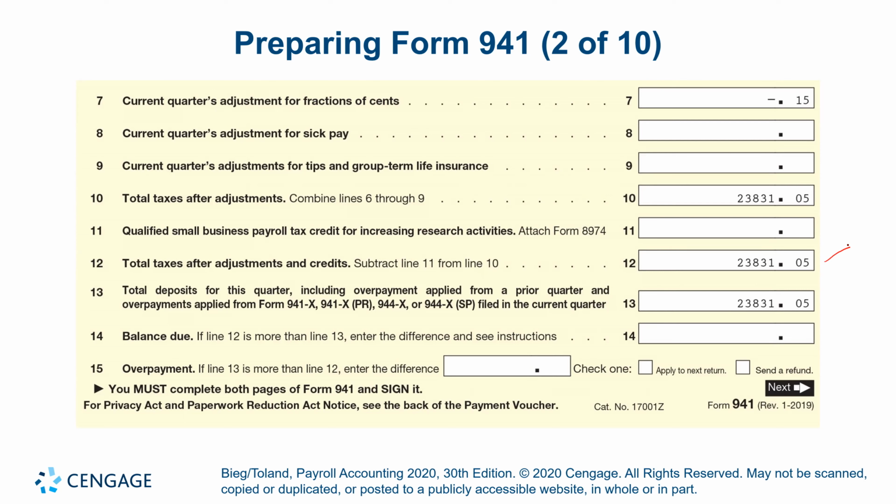And then balance due. And so, had we not already made these payments, then we'd have the balance due of 23,831.05. But again, this company would have been required to already make payments.